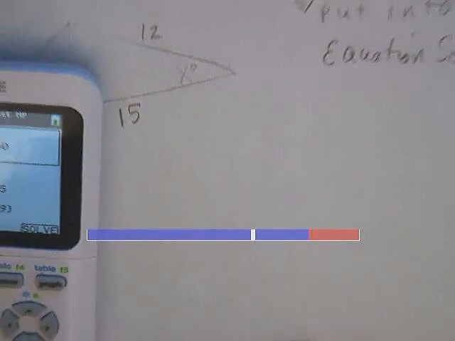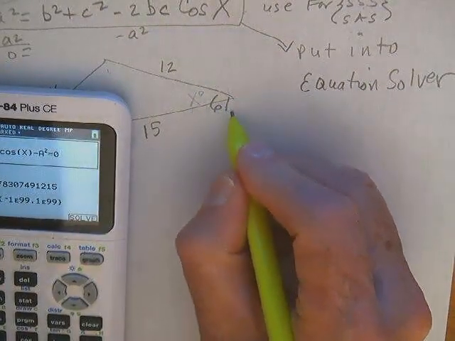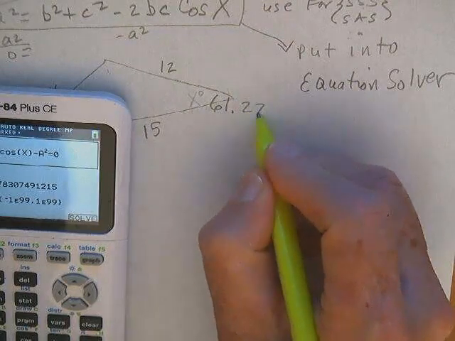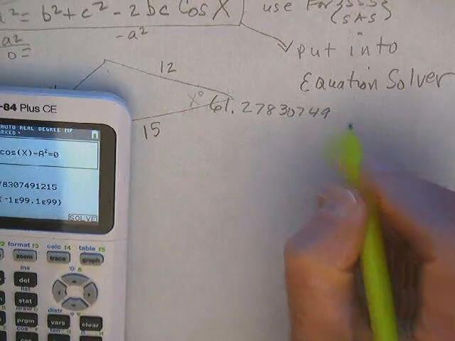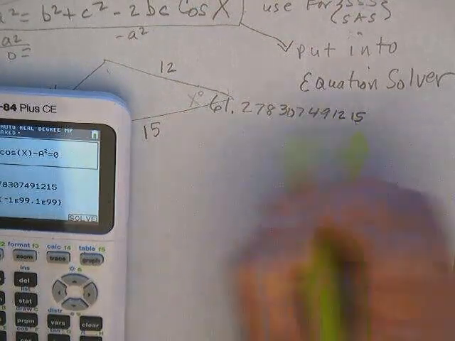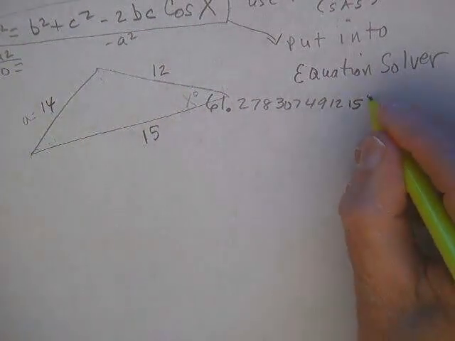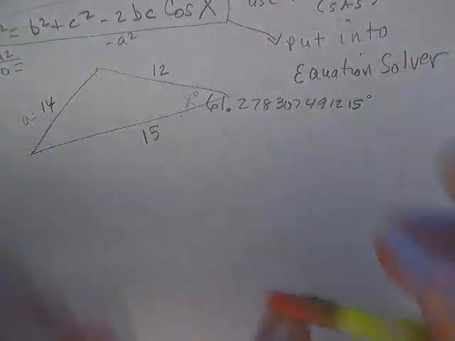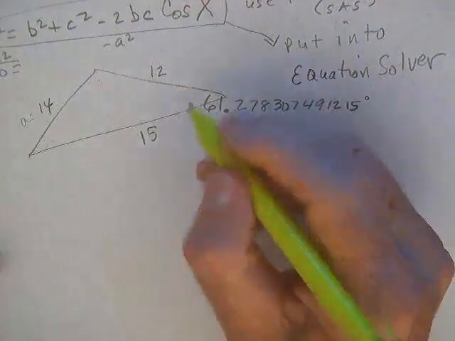And now I have angle X. So let's write that over here on my paper. This angle right here is 61.278307491215 degrees. No rounding, okay?